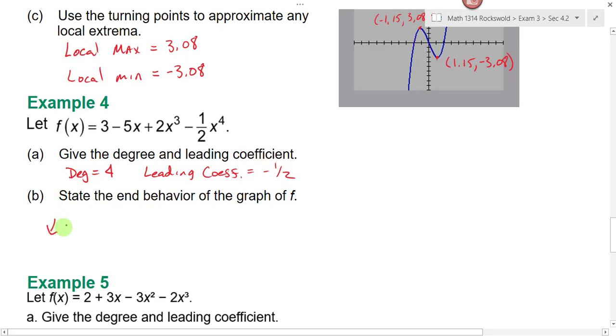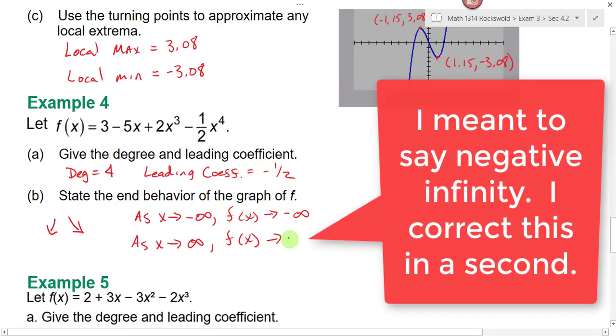So it's going to have this shape. And on a written test, I'm fine if you just draw the shape. But on my math lab, I believe that they're going to want you to say this. As x approaches negative infinity, y, or f of x, is approaching negative infinity. And as x approaches positive infinity, the y's are approaching positive infinity.